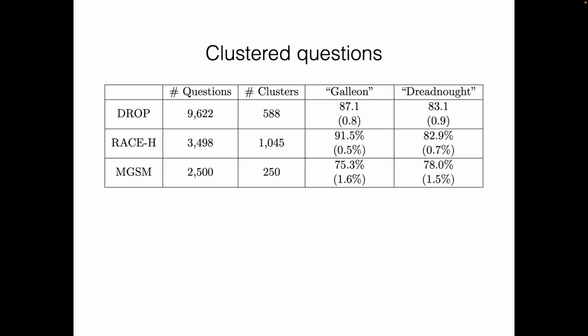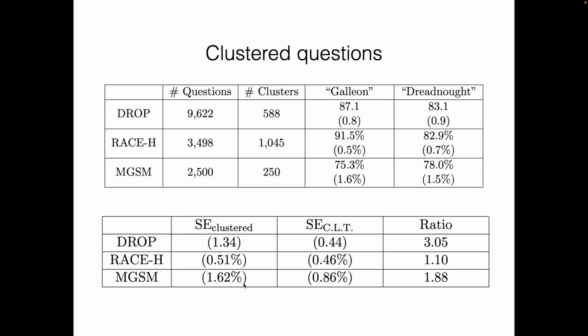So here's an example of this on three different data sets. If you look at this MGSM data set, now the standard error is a bit higher, now that the assumptions are closer to the actual structure of the data set. Just looking at MGSM for now, here's the standard error that we had before, and now it's much higher.